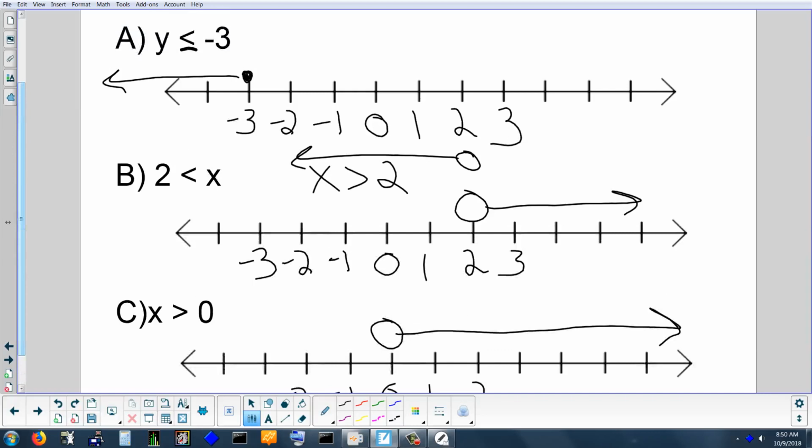And tomorrow, when we solve them, it's going to be the exact same process as we used in solving equations. We'll just treat that inequality sign as an equal sign. Whatever I do on this side of the inequality sign, I'll do on this side, just like when you have an equation. The steps are the same. And this process is really the only new thing for you guys, being able to graph it.